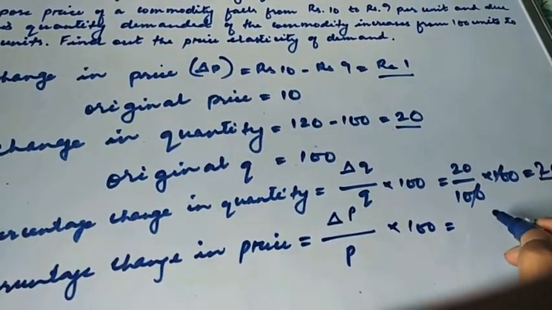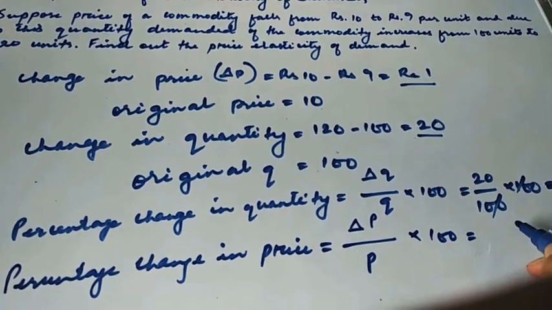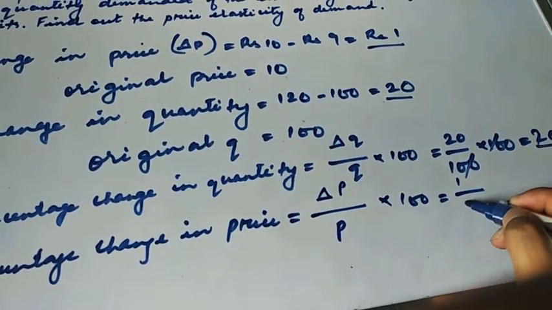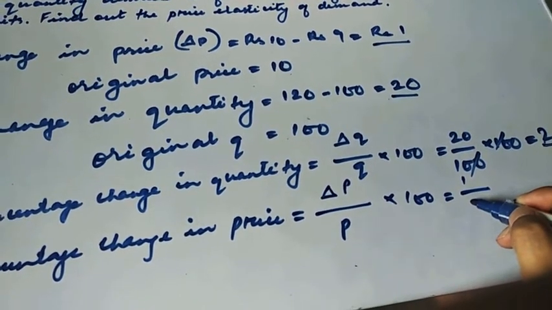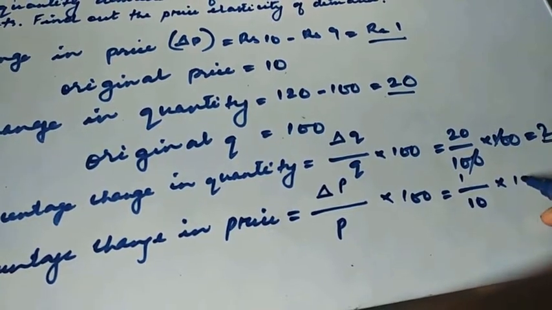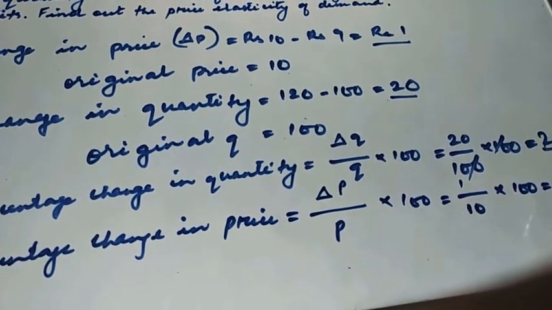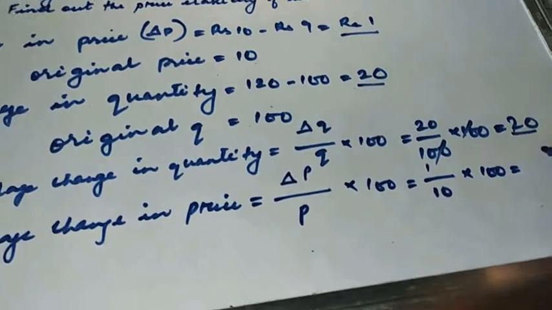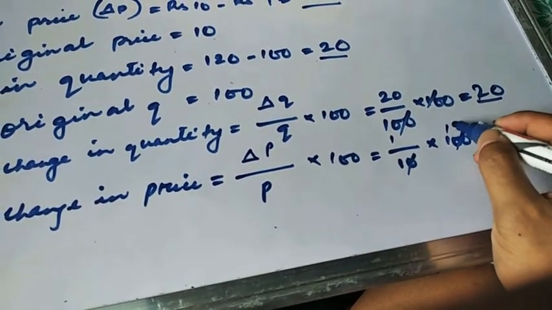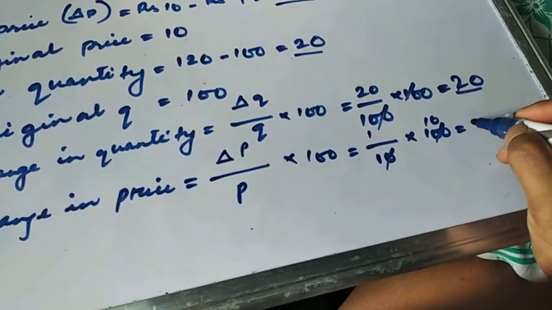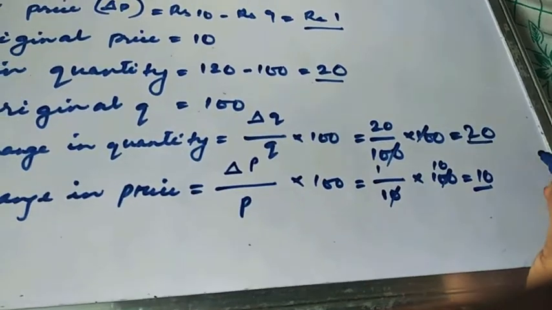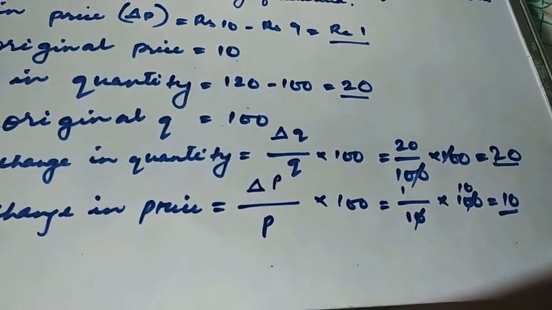The change in price we have found out is rupee 1, divided by the original price, rupees 10, into 100, and what we get is 1 into 10, which is 10. So this is the percentage change in price.